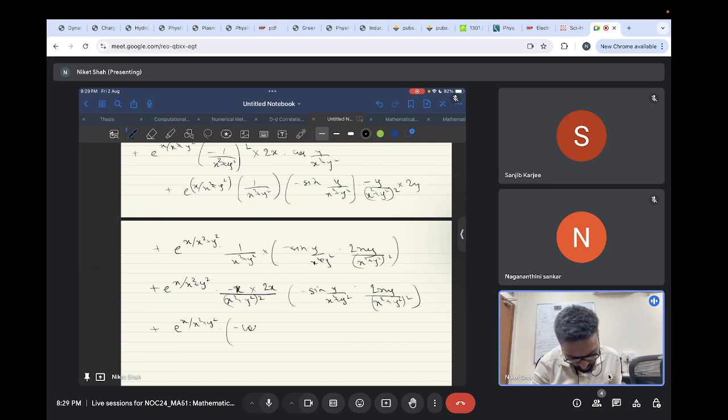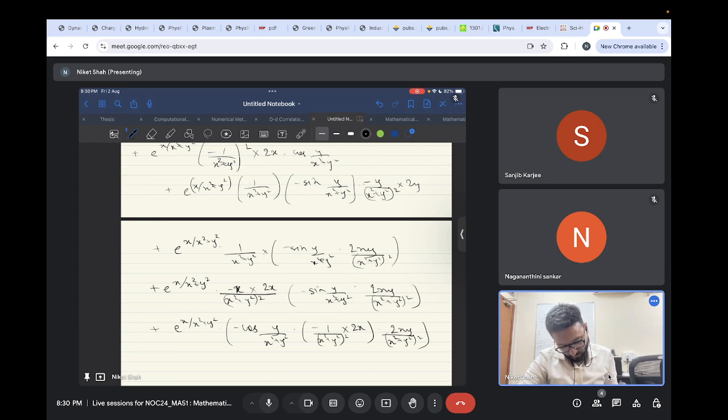Minus sign becomes minus cos of y divided by x square plus y square multiplied by minus 1 divided by x square plus y square the whole square into 2x, plus e raised to power x plus y square.